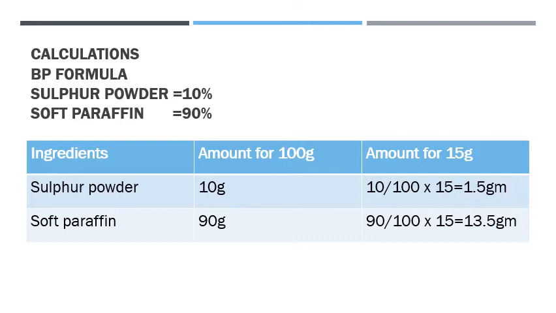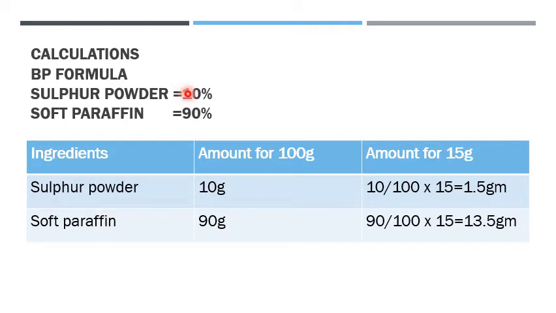According to the British Pharmacopoeia formula, you have to take 10% of sulfur and 90% of soft paraffin. If someone asks you what the BP formula for the sulfur ointment is, it is 1 by 9.